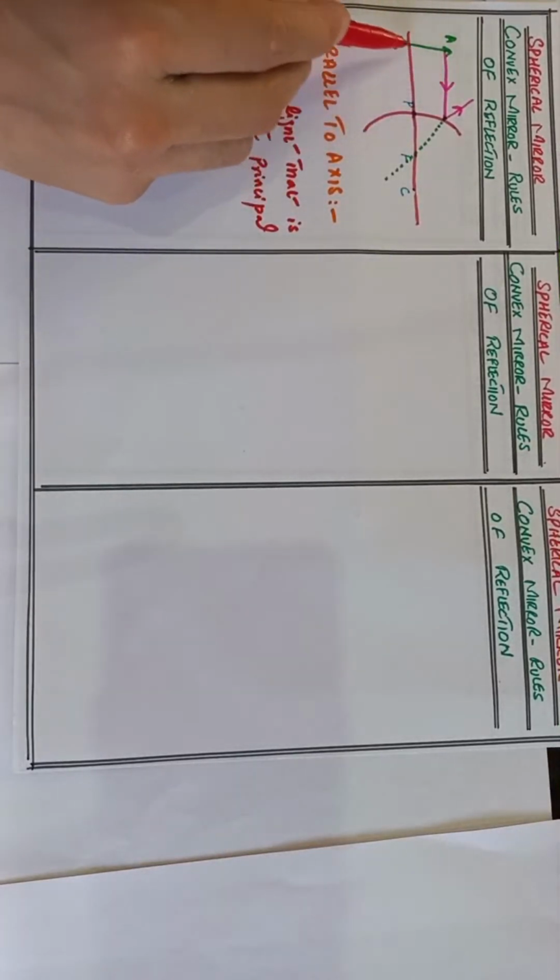This is the principal axis and this is the ray that is parallel to the principal axis.